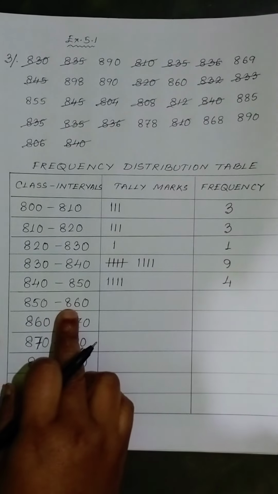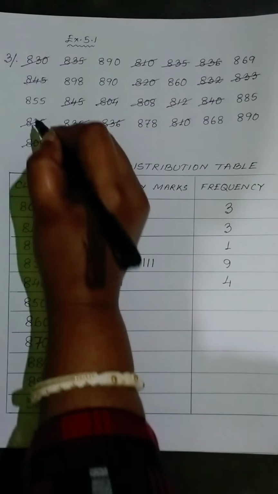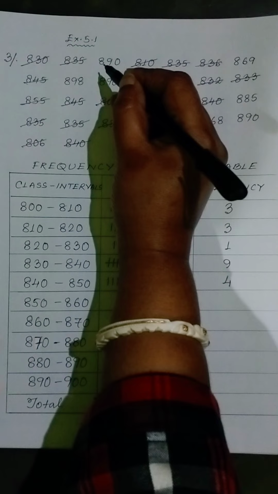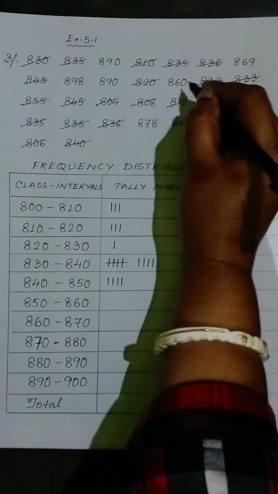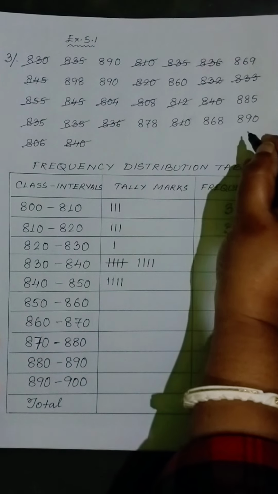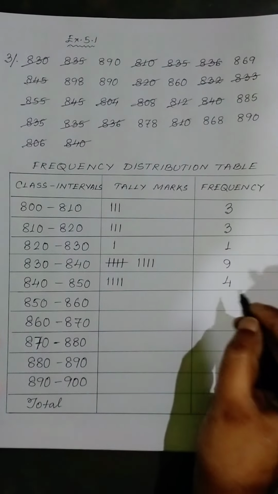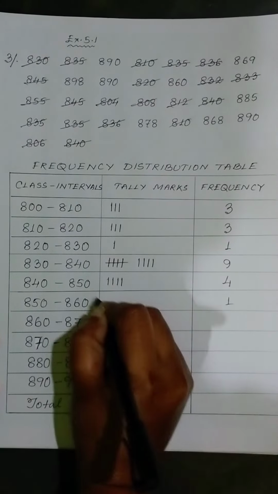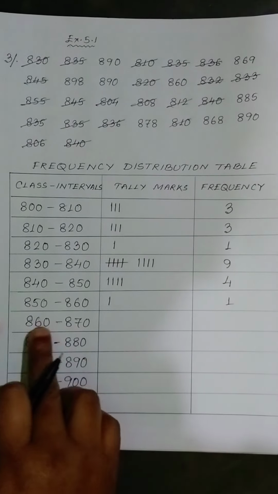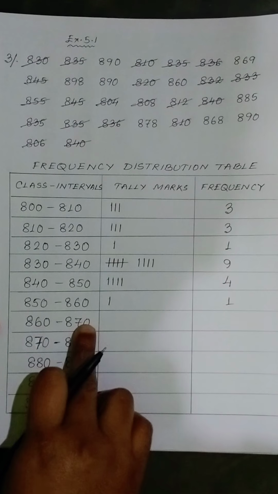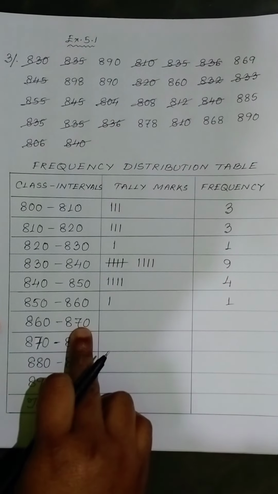Means 850 to 859. 1 value, isn't it? 1 means 1. Then 860 to 869. Here the values will be within this interval. This is the lower limit. This is the upper limit.